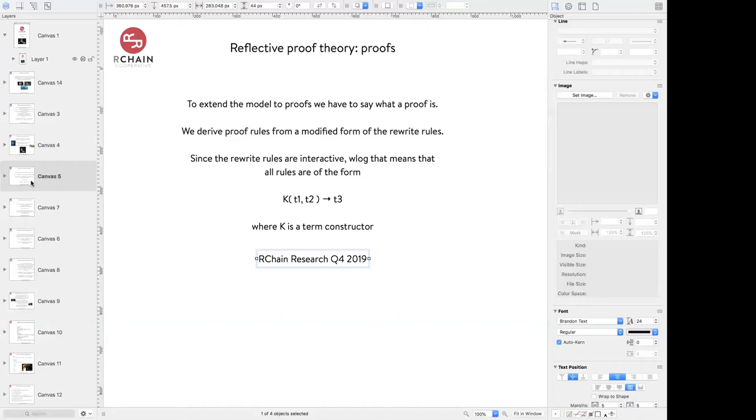So those are some examples of interactive rewrite rules. They always have to have some constructor K that takes at least two arguments. And then the rewrite rule will take this binary term over to some other term.